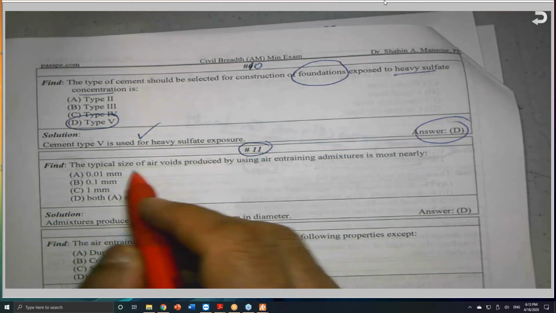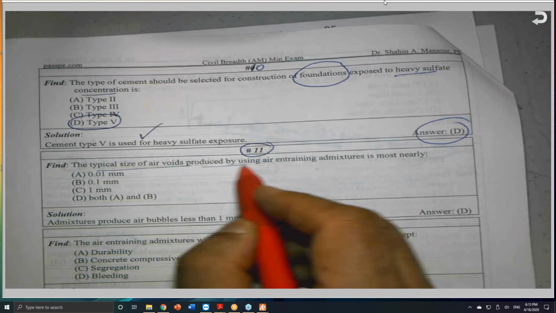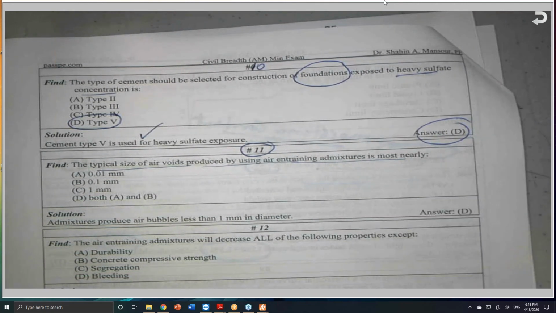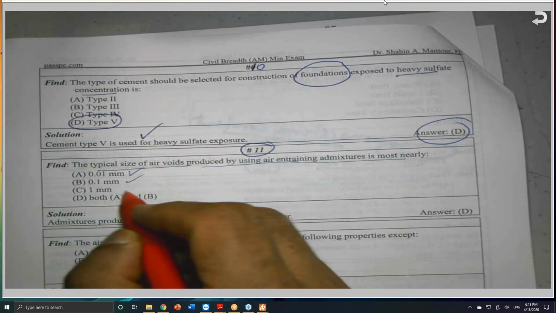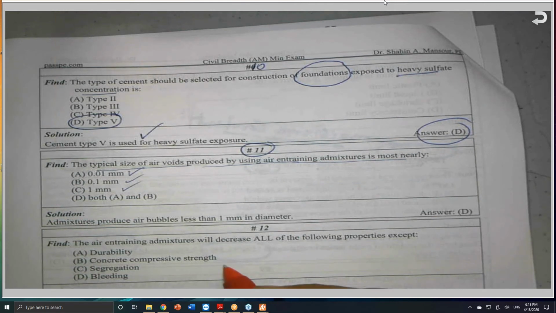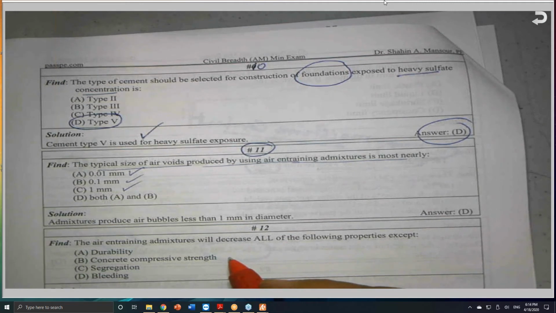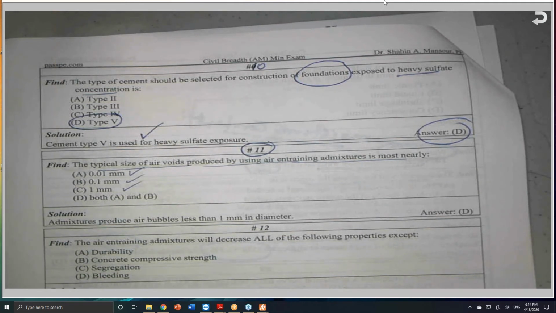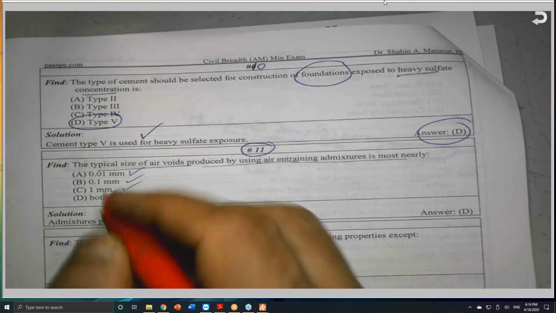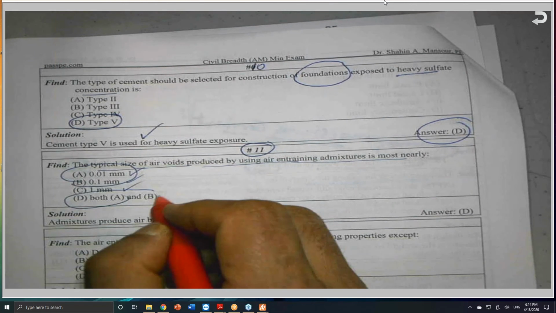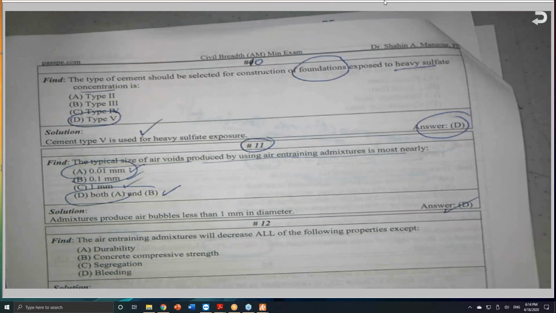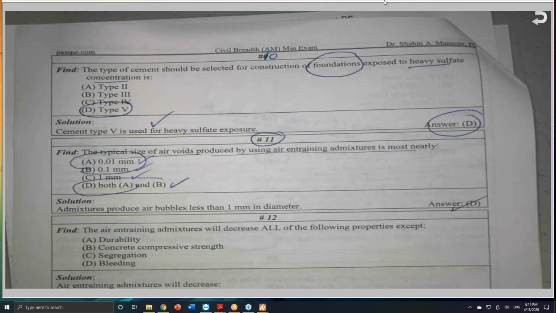So the typical size of air voids produced by air entraining admixtures is normally 0.01 millimeter, 0.1 millimeter, 1 millimeter. They found that it is less than 1 millimeter. So probably I will combine these two answers together as answer D. So it is very, very microscopic.